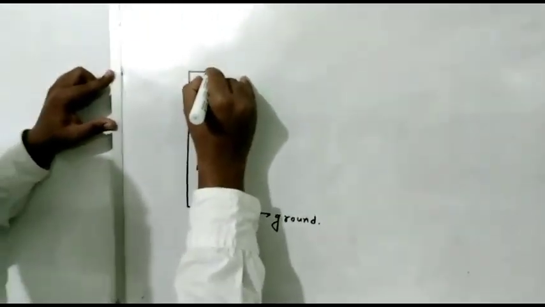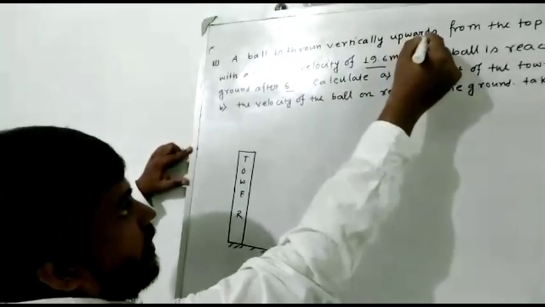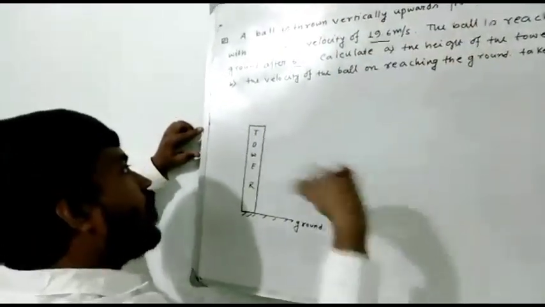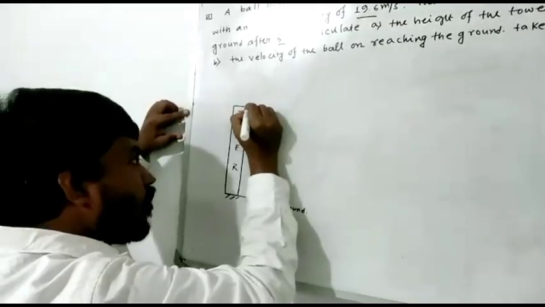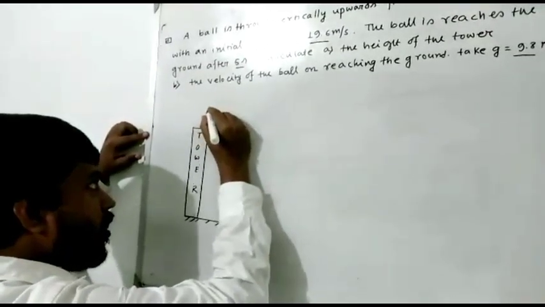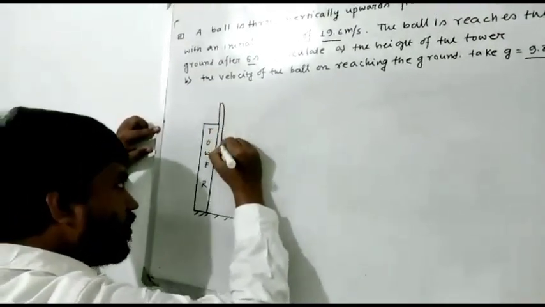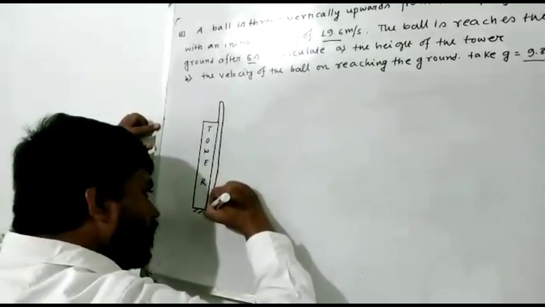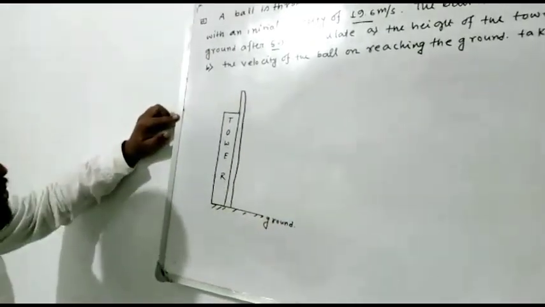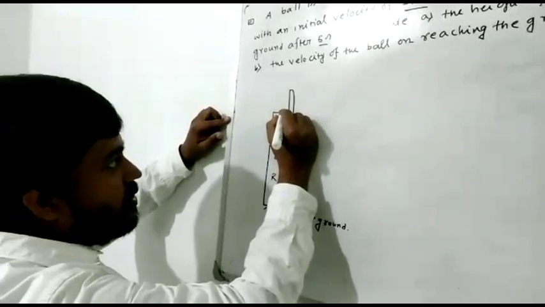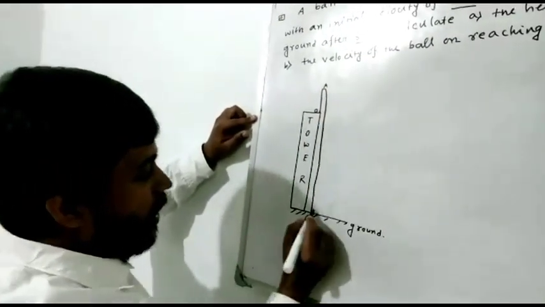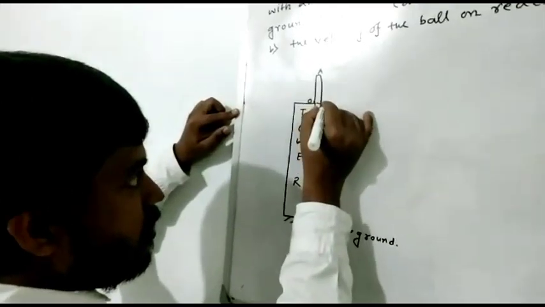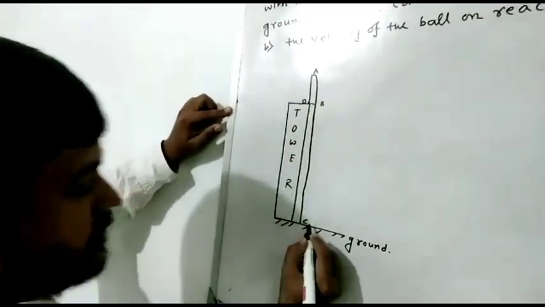From that point, a ball is thrown vertically upwards from the top of a tower. So you throw the ball from this point, and after that it touches the ground. We can consider this is the point O, this is the point A, this is the point B, and this is the point C.